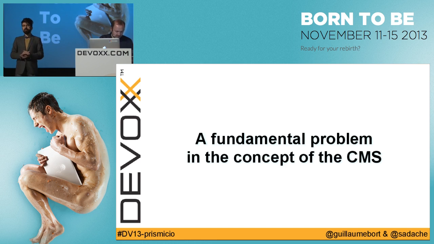Not only in the Java world, actually, in any community, in any technology, whenever you have content, you have the CMS problem. And the problem is fundamental. There is a fundamental design problem in what we call a content management system. So there's a problem in the concept, right?